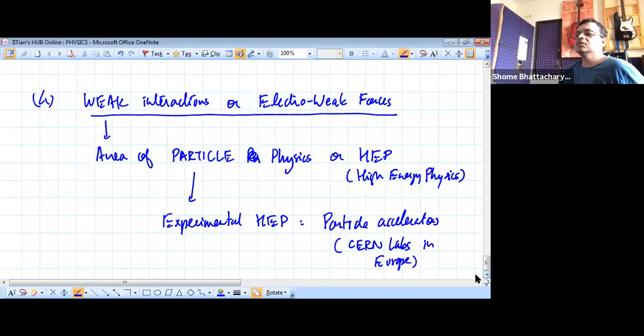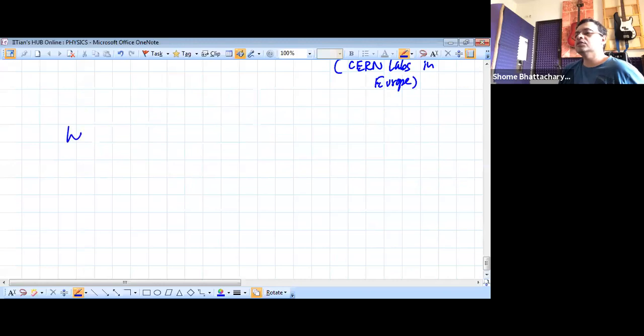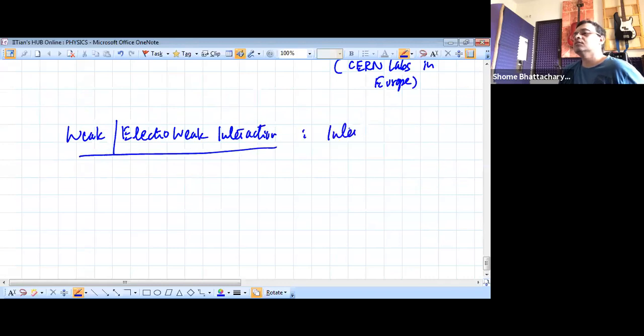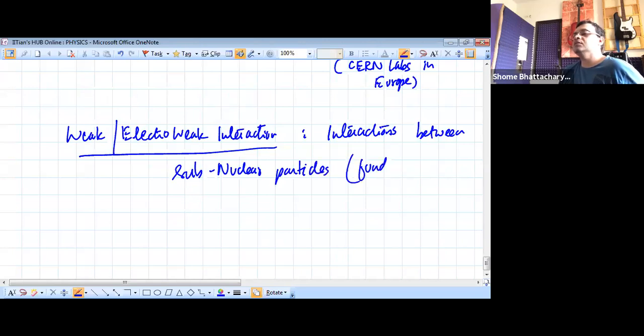So what is done in this is, so what are weak or electroweak forces or interaction? It is the interactions between subnuclear particles, or what is called the fundamental particles of physics. Okay.